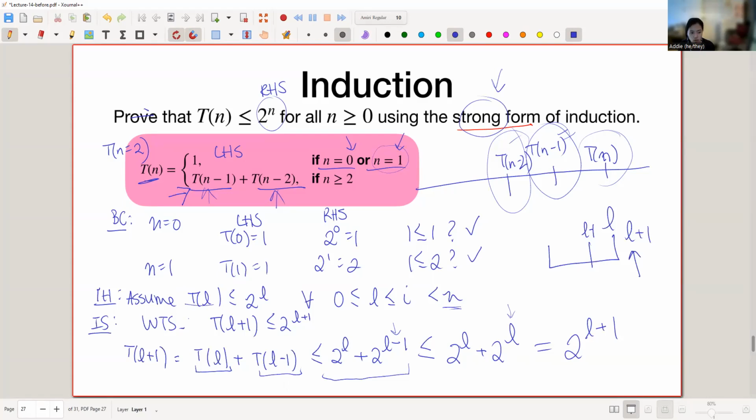So we have shown that T of L plus 1 here is in fact less than or equal to 2 to the L plus 1, following this set of logical equalities or inequalities. Okay, we can conclude, which is just going to be, therefore, by induction, T of n is less than or equal to 2 to the n for all n greater than or equal to 0.